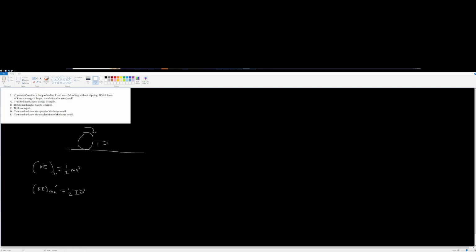And so you can see here what I've mentioned a few times, that the moment of inertia is the rotational analog to the mass, and obviously the rotational velocity is the analog to the translational velocity. But in this case, the moment of inertia is just a very basic mr squared, and that's the most basic formulation of a moment of inertia you can have.